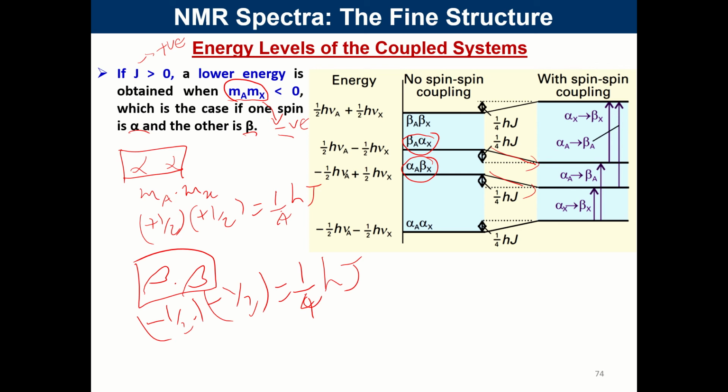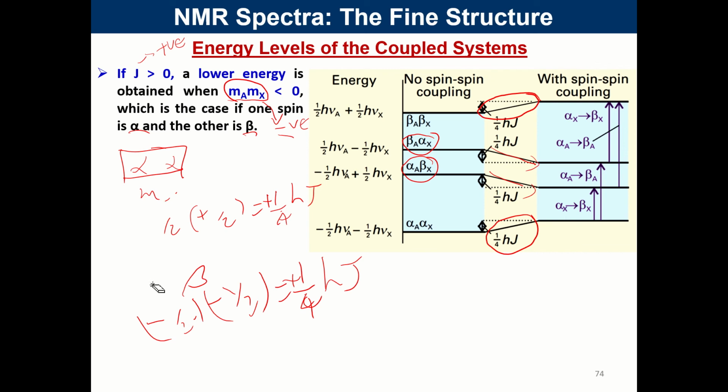We are having a positive sign, so plus plus, and minus minus is also plus. So in these two cases you are seeing an increase by 1 by 4 Hj in both cases. If you are having alpha alpha state or beta beta state of spins, then in these two cases there will be an increase in energy by 1 by 4 Hj.